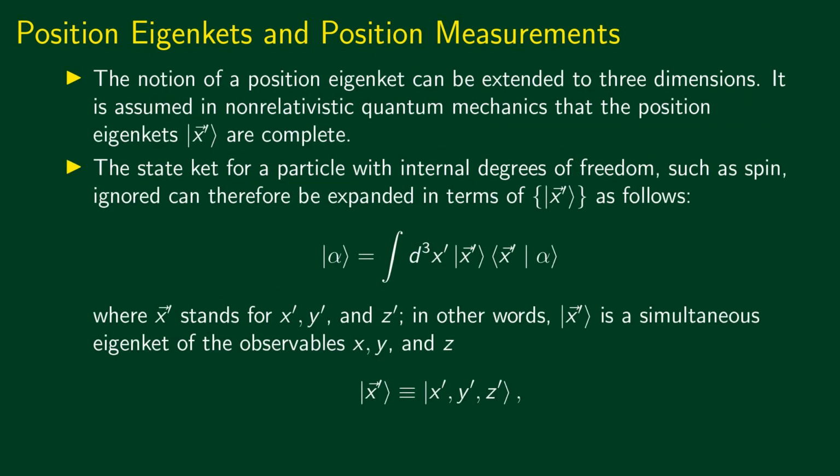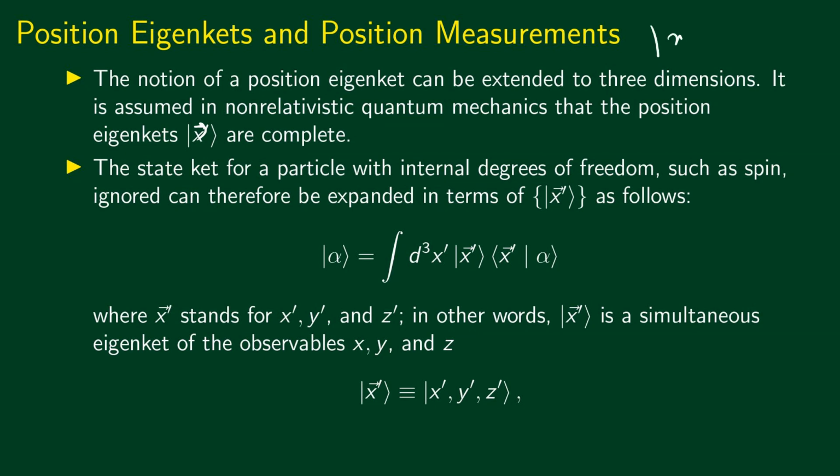Now we can extend this to 3 dimensions. The notion of a position eigenket can be extended to 3 dimensions. It is assumed in non-relativistic quantum mechanics that the position eigenkets |x'⟩, here |x⃗'⟩, are complete. Corresponding to every position in 3 dimensions we have a position vector, so every position in 3-dimensional space can be represented by the corresponding position vector.